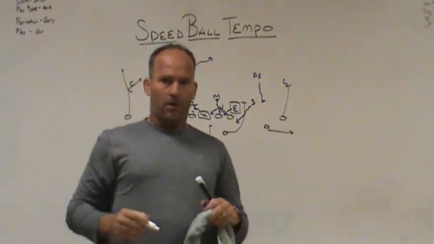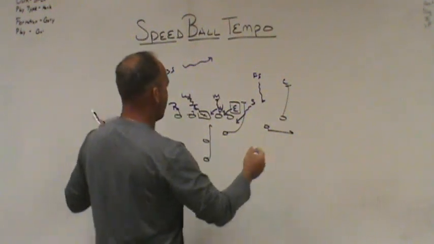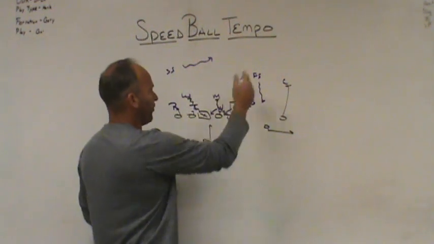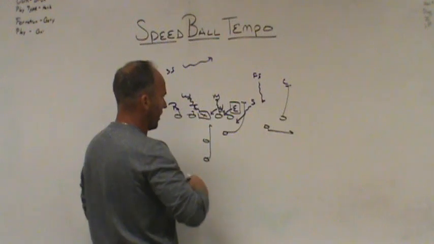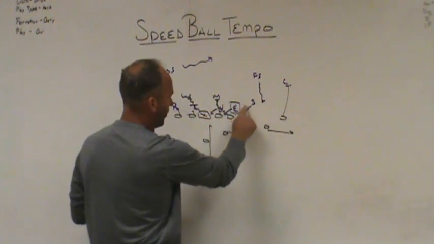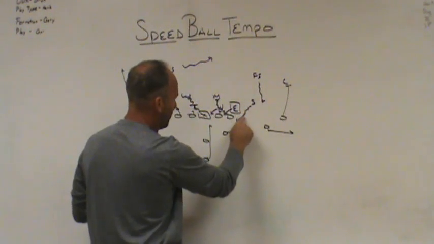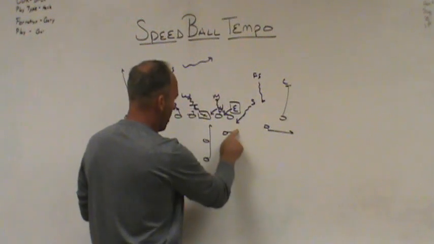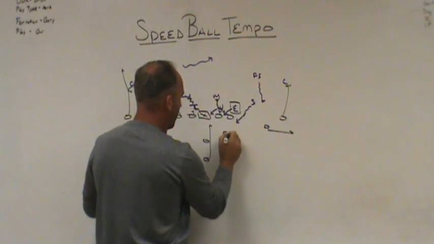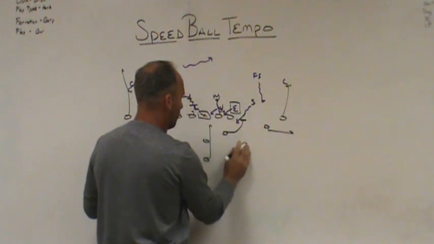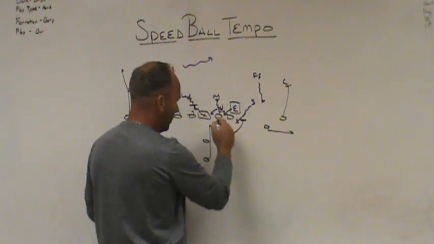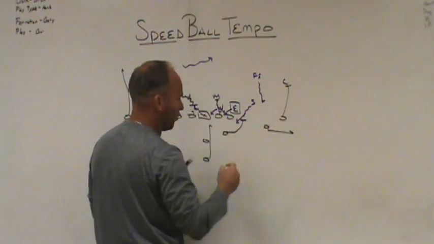So one of the answers might be for them to come with zone pressure. Now we've created a three-man surface here with our H-back, but our H-back would have to be able to pick up and win possibly off the edge of the blitzer to give the quarterback a chance to either keep off of that block or throw the alley screen.